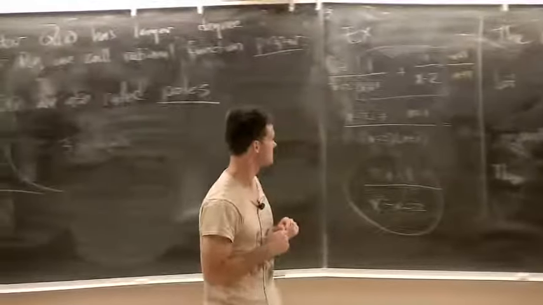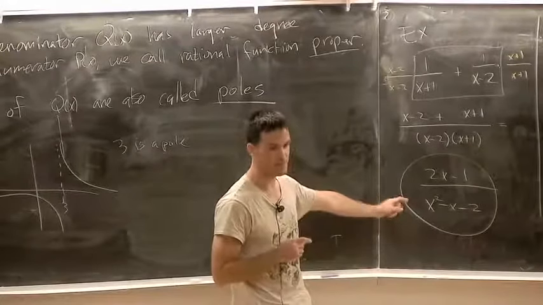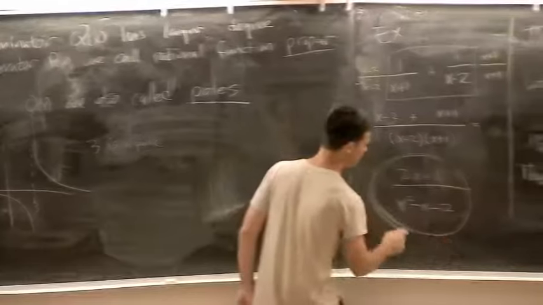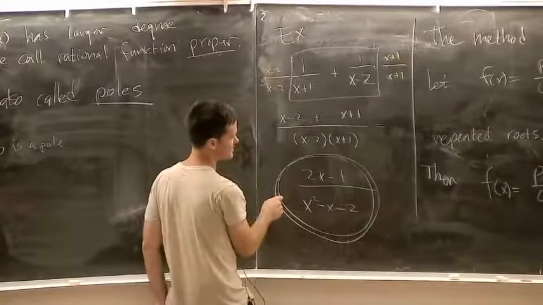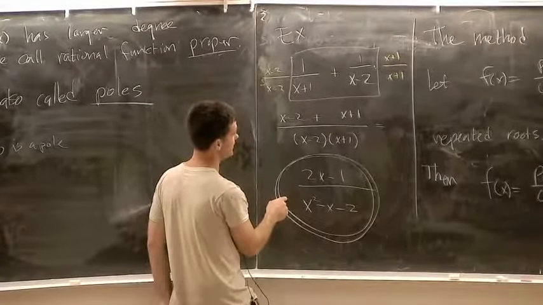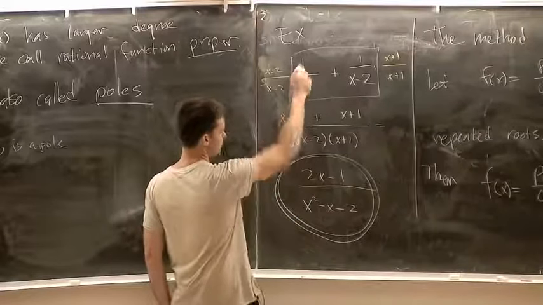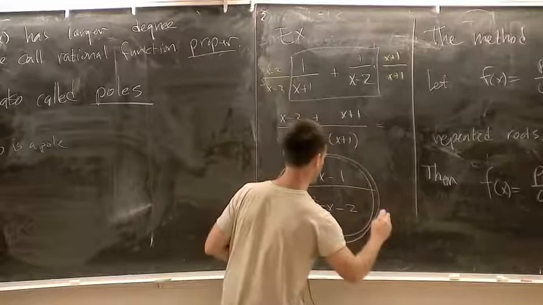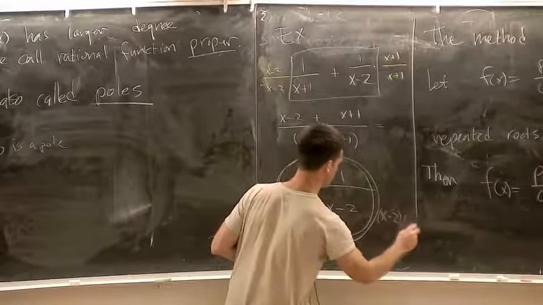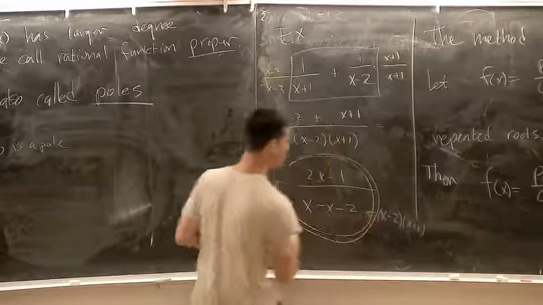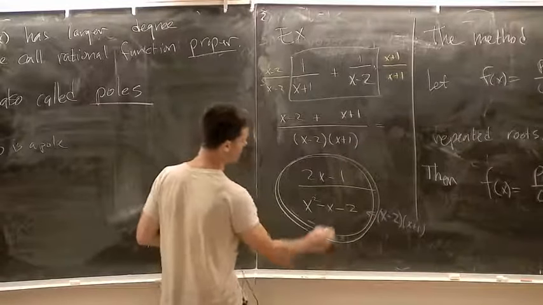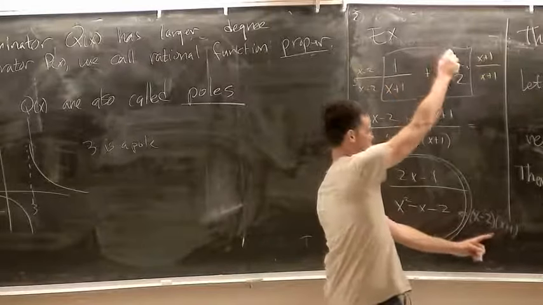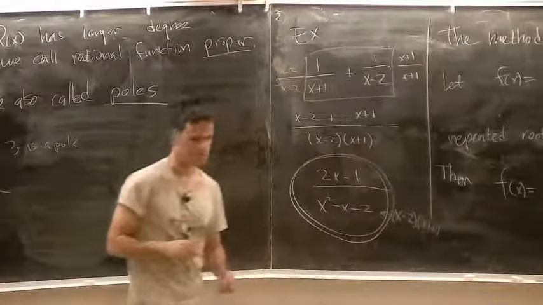So in this example that I did right here, if this was my f of x, we were able to write it as, well, we factored the denominator, which factored as x minus 2, x plus 1. And then we were able to rewrite this as 1 over one of the factors plus 1 over the other factor.